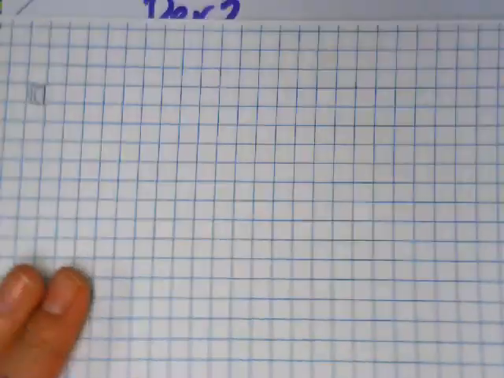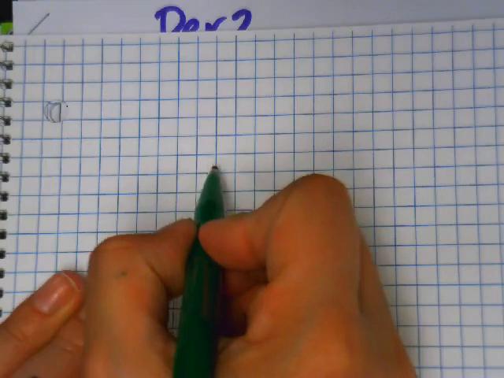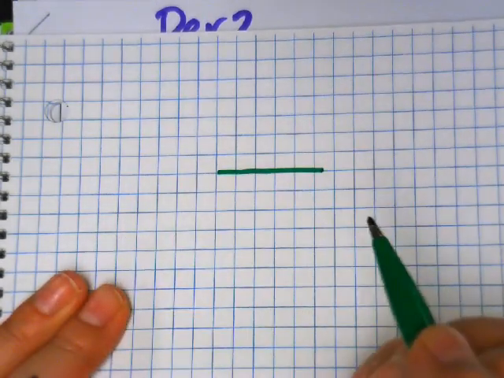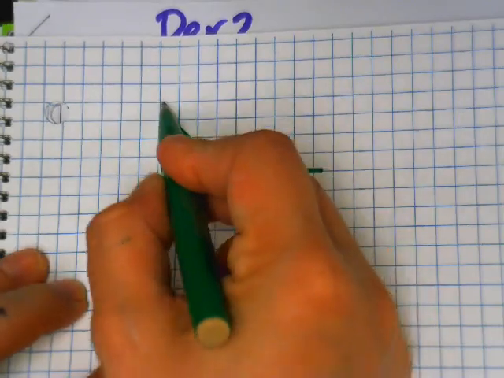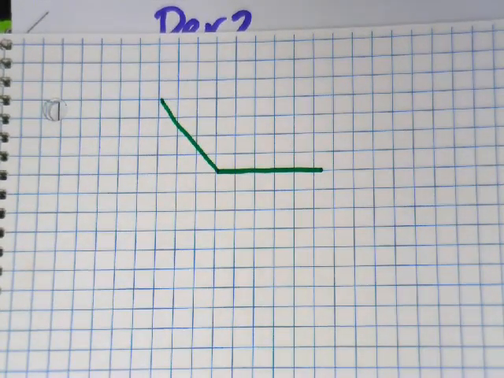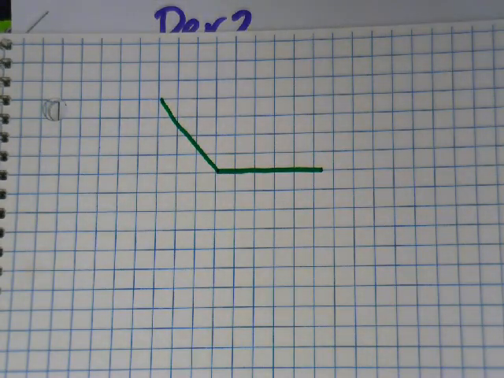All right, now let's draw what we call an obtuse triangle. Why do you think it's called an obtuse triangle? Because it has an obtuse angle. All right, so draw me an obtuse angle. Here, like this. All right, and then make this angle obtuse. Is that an obtuse angle? Good.